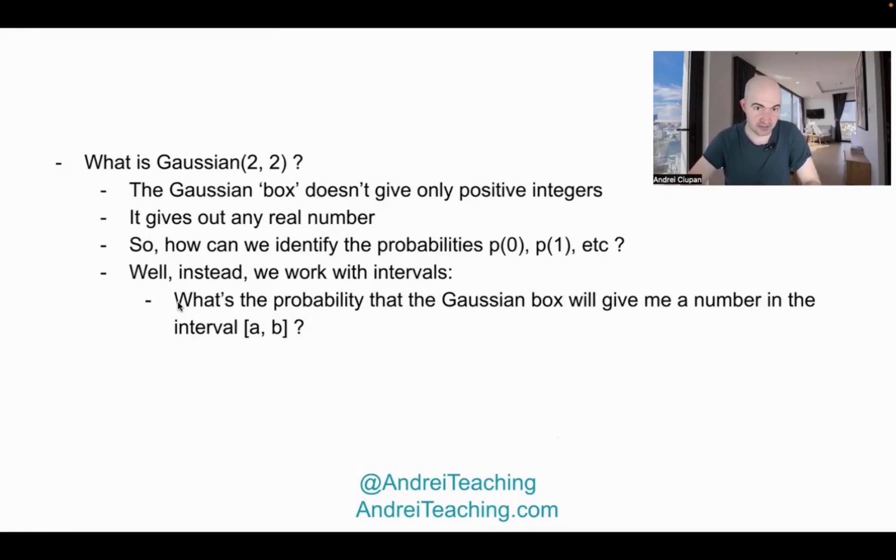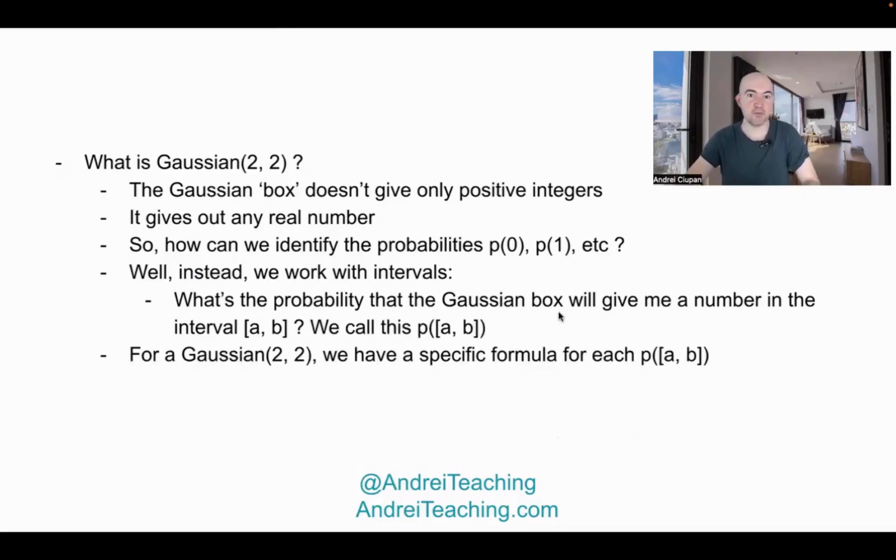In general, what's the probability that the Gaussian box would give me a number in the interval AB? We're going to call this P of AB. So the Gaussian is completely determined by these probabilities. If we know these probabilities, then we can answer any questions about the Gaussian, related to probabilities of particular numbers, or a particular set or interval.